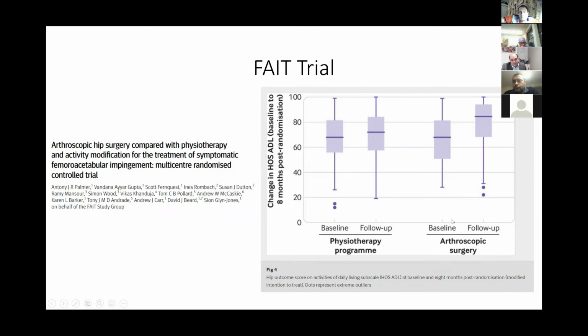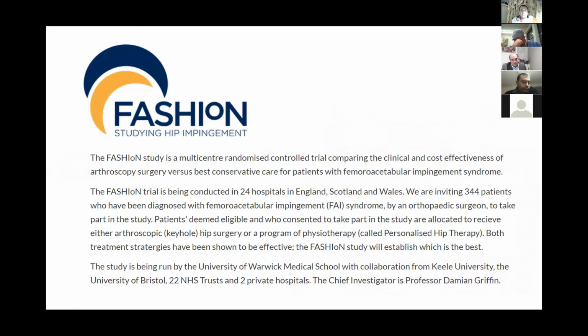Although the baseline in arthroscopy was less than the baseline in physiotherapy, the improvement in arthroscopy was higher. So these are just two quick papers. I think they'd be good to quote, and we do mention them to any patient who is heading for hip arthroscopy.